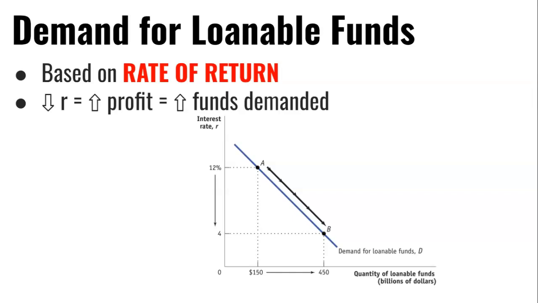But if the interest rate was 4%, then an increasing number of investments become profitable. Anything that earned between 12% and 4% rate of return becomes profitable when the interest rate drops to 4%, and therefore there'll be an increase in the amount of loanable funds needed. And that's why we're seeing, again, a downward sloping relationship for demand of loanable funds.